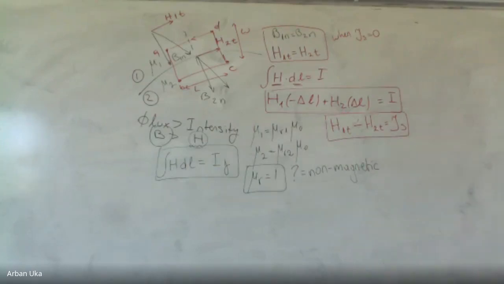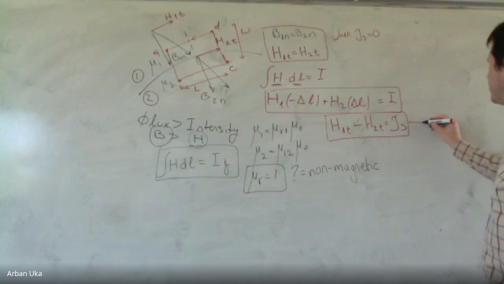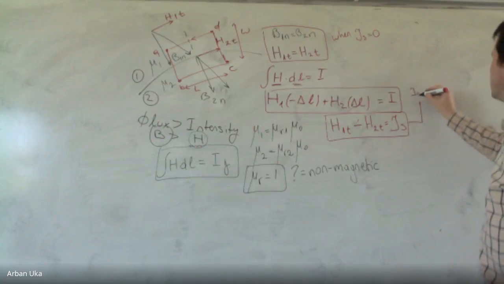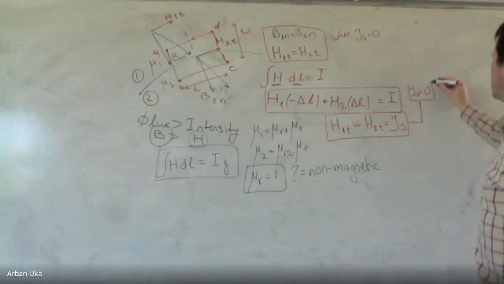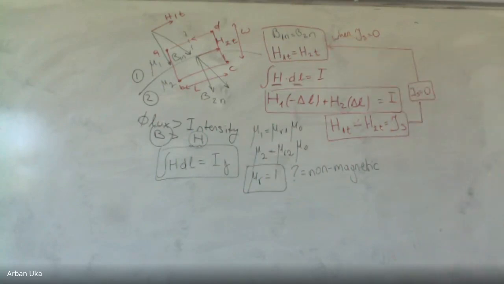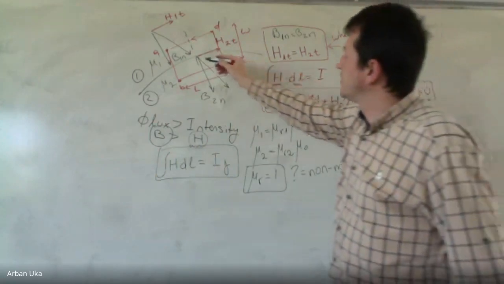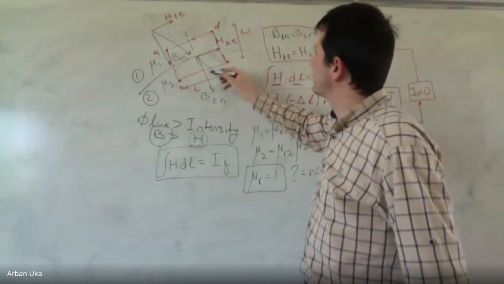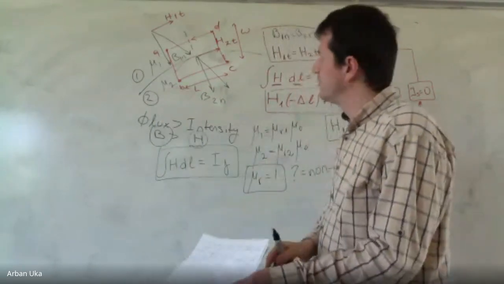So in the limit on the current density on the surface, which is going to be, for example, right here, we can have some currents flowing in this medium.